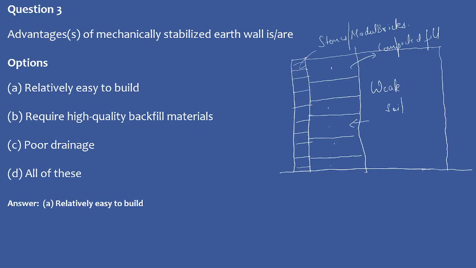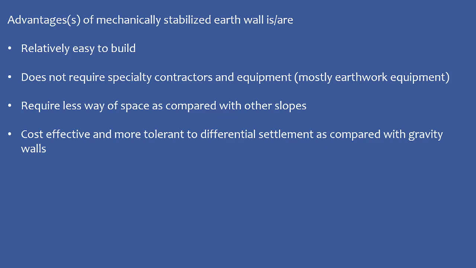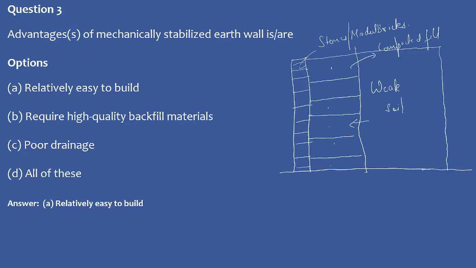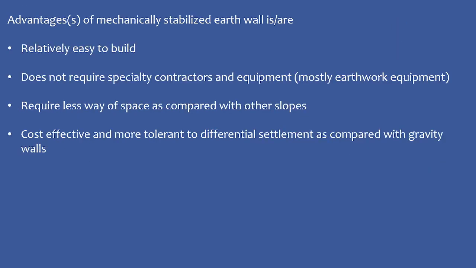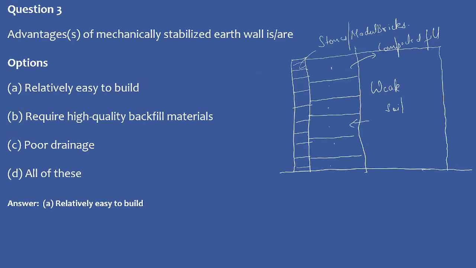So it does not require any special contractors. You just need the specialty materials, and then yeah, you are ready to go for constructing it. And as compared to the other slopey area where we want to prevent the falling of the soil, mechanically stabilized earth walls require very little space, because if there would have been a slope here, it would need the extra space like this.